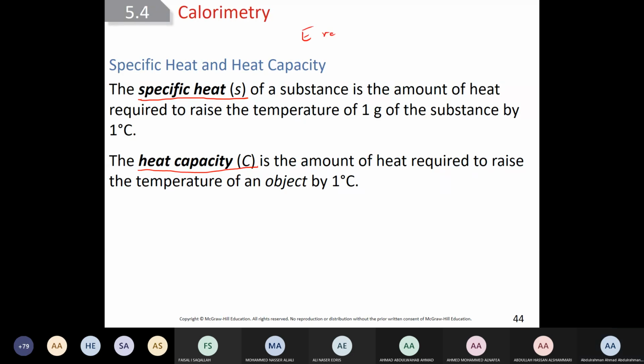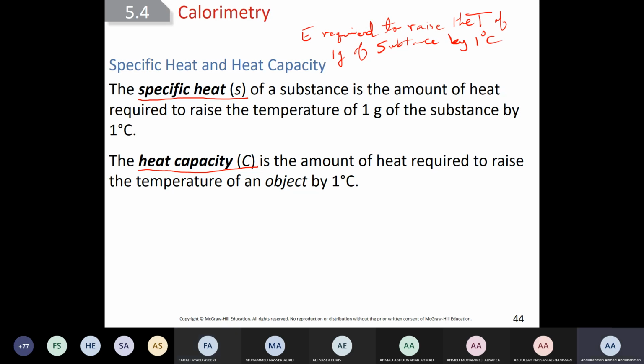Energy required to raise the temperature of 1 gram of substance by 1 degree Celsius.